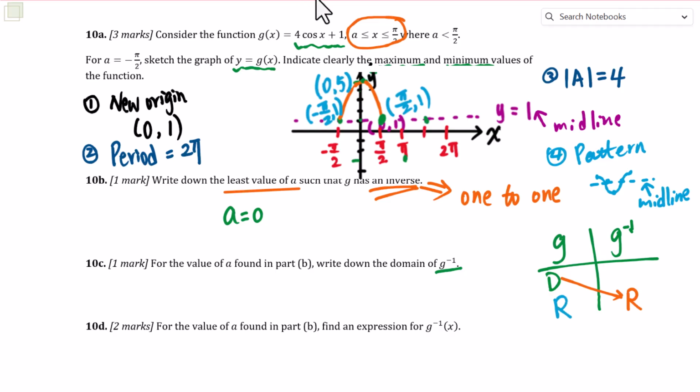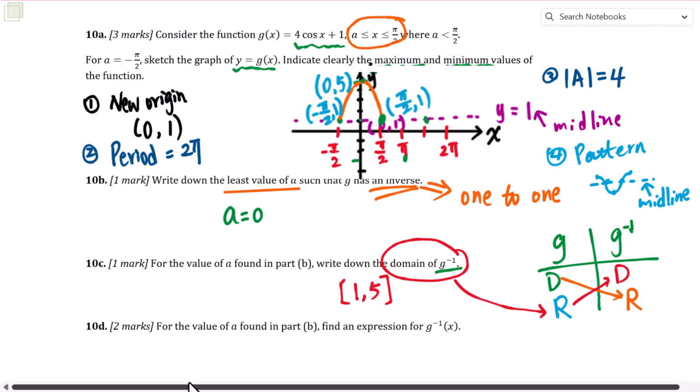Range of g function will be domain of inverse g function. So domain of inverse g function will be the range of g function. Look at this graph. The range of g function is from 1 to 5. In other words, domain of inverse g function will be from 1 to 5.